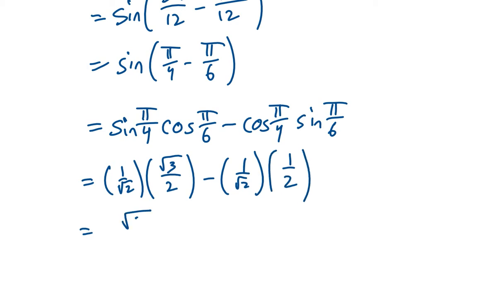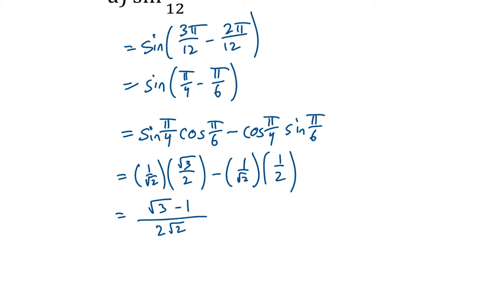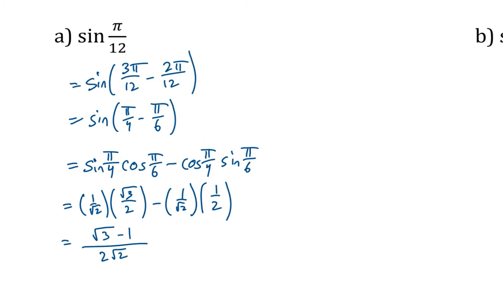And this one is root 3 minus 1 over 2 root 2. Okay, so you can see how similar this is to cosine, and that's why these two lessons fit together and make sense to do them together. It's the exact same 5 steps, exact same idea. The formula is a bit different, but that's all.